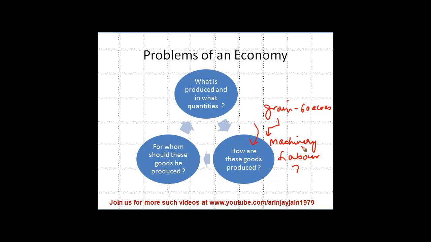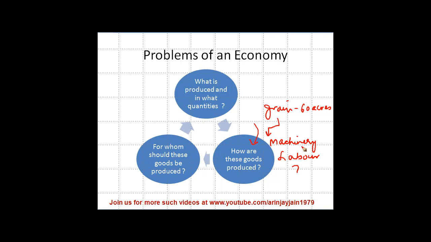In a country like India, where labor is surplus and cheaply available, it might be cheaper to use labor rather than machinery. But then also comes the question of time and quality. So how these goods are to be produced, what is the method which has to be used, whether it is machinery, labor, or anything else, is also one of the problems which every economy faces.